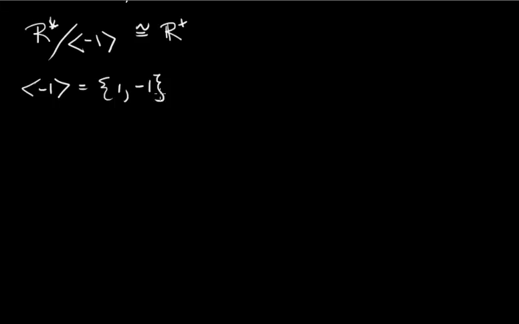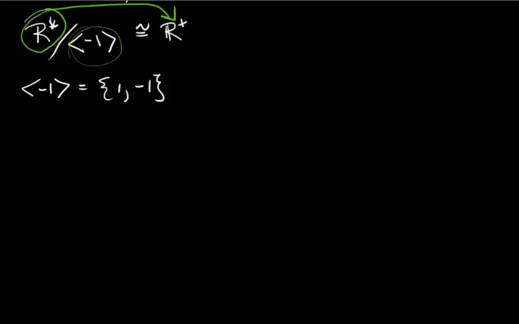We want to show that that factor group is isomorphic to the positive reals under multiplication. So we need to define a map from R star. Notice the map has to go from R star onto the positive reals, and then we need to show that the kernel is this little subgroup.